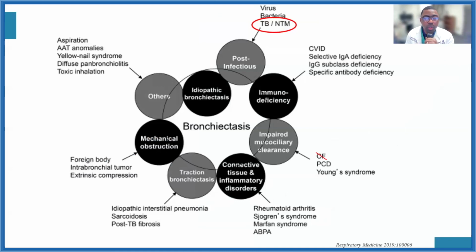Dr. Liautaud crossed over this, and I'd like to say, I've struck out cystic fibrosis because cystic fibrosis is a poster child, right? It is well recognized, well advertised. Everyone knows about cystic fibrosis as a cause of bronchiectasis.